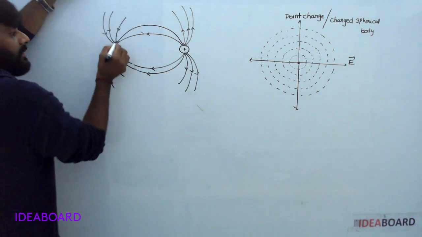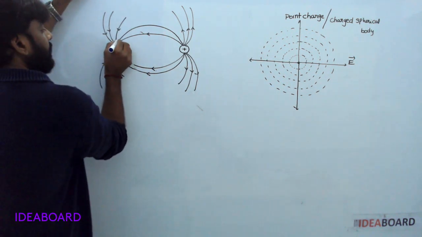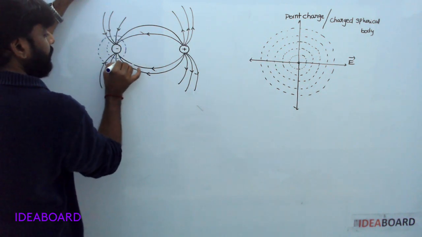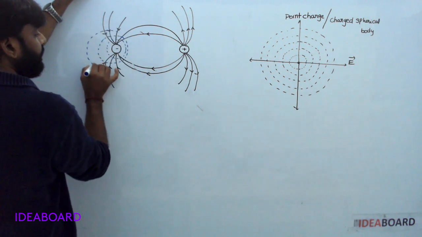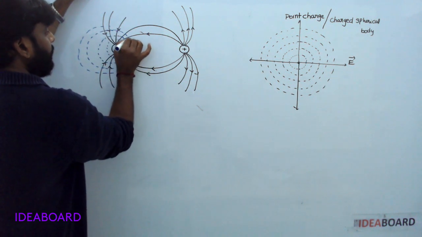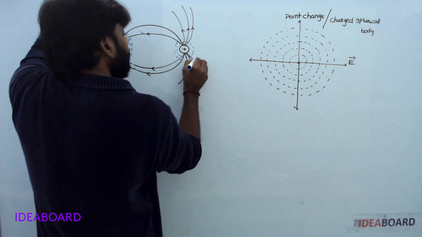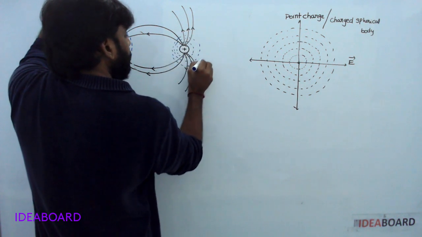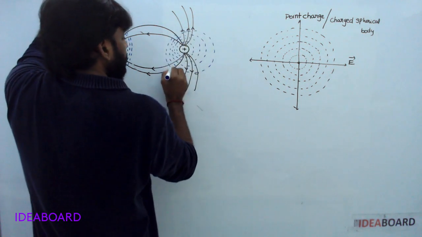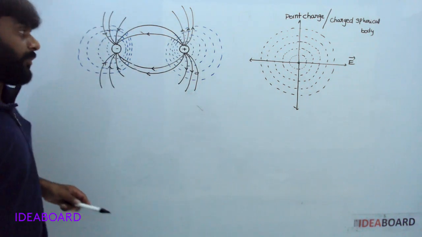See, these are the concentric spheres. So these are the equipotential surfaces.